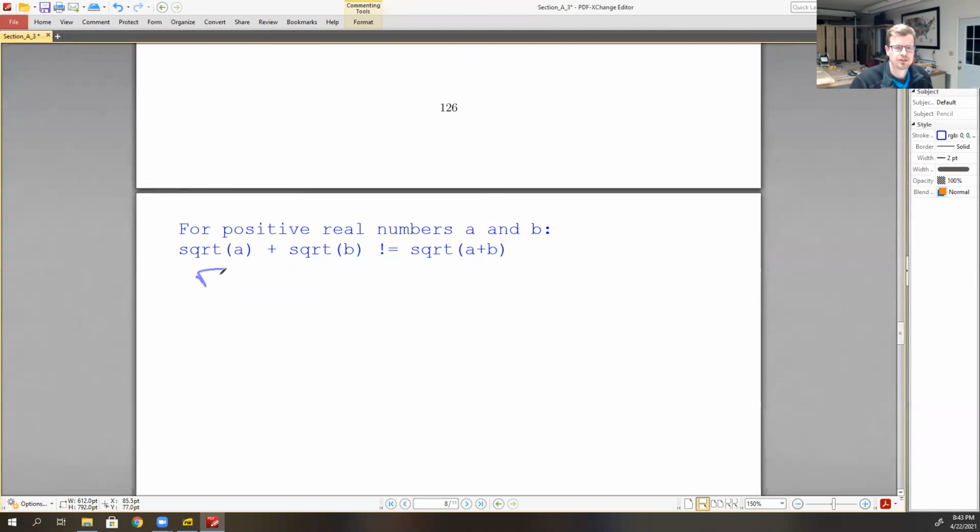So for these, if a and b are real numbers that are not positive, then they are not equal.